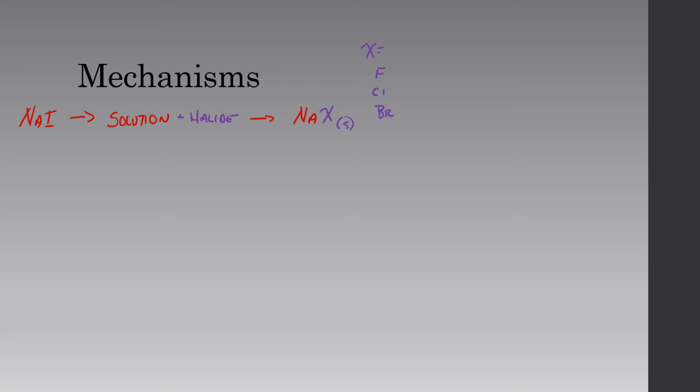Similar to what we did on the previous slide, if we have a halide here, we put this into solution. This time we're going to put it in acetone. We may at some point start to generate a carbocation. And then we generate our carbocation.